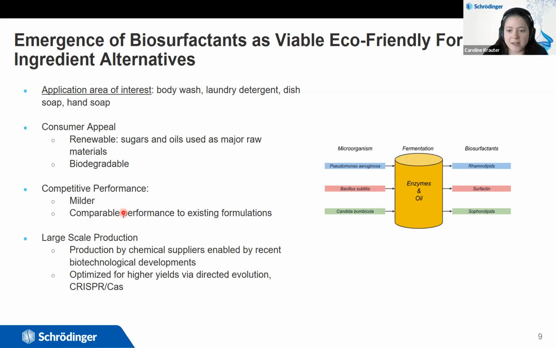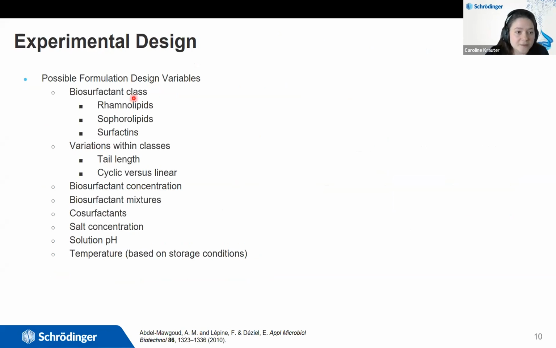So basically, some microorganisms need to ferment oils or sugars, and based on those, produce then the biosurfactants. There are different classes of biosurfactants. The one that we are focusing on in this study is rhamnolipids. There are also phospholipid surfactants, and others.